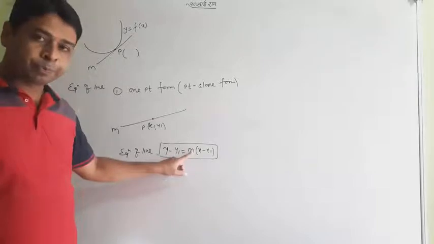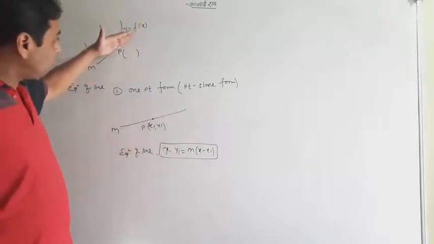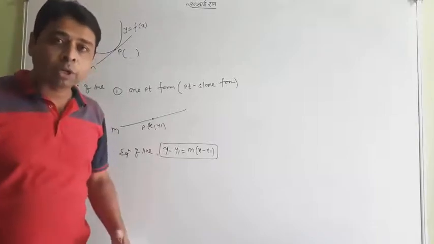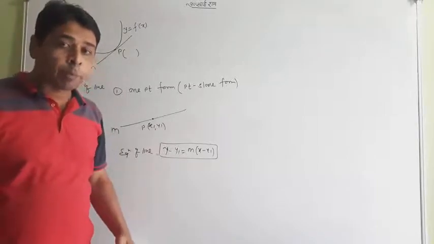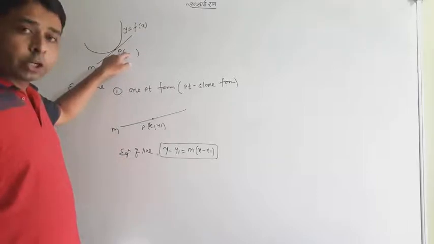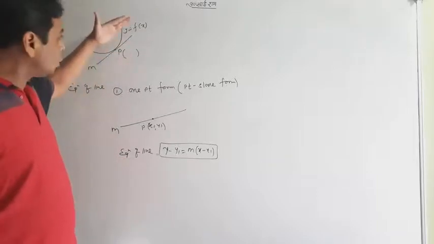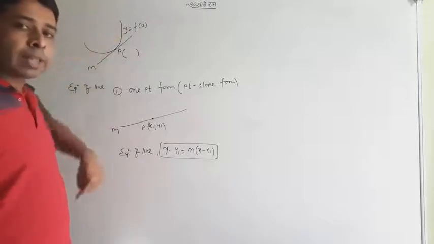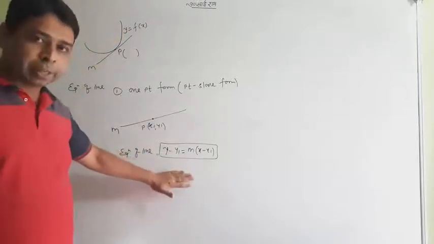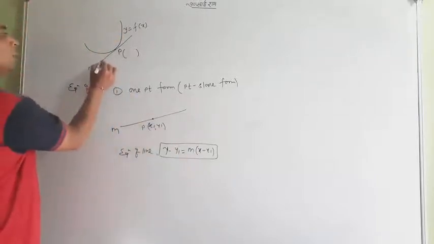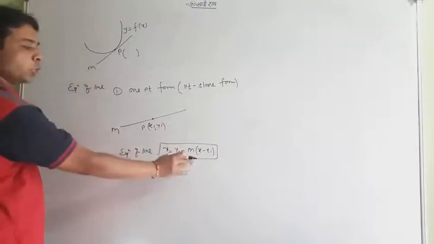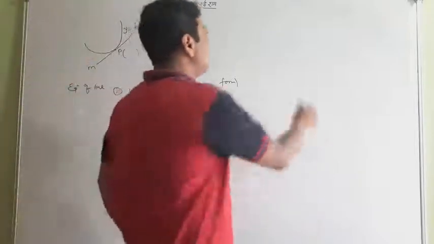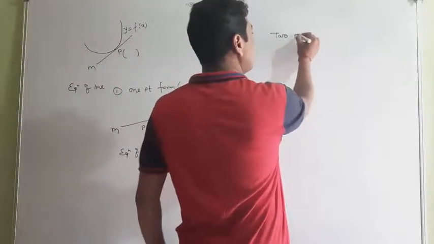So whenever you have to find the equation of a tangent, the point through which it passes will definitely be known, and the slope of the tangent. A tangent is itself a line, so the formula will be the same. Whenever you have to find the equation of a tangent, use this formula when one point is given and m is given. Okay, the 2-point form is also a very famous form.